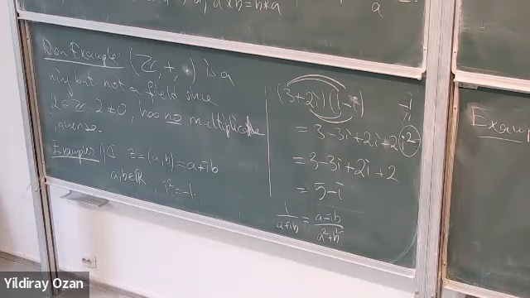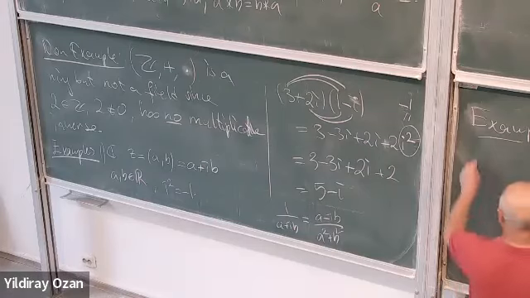What you do, you take a field and then take a polynomial which doesn't have a root in that field, and then you just add the root of that polynomial to that field, and you get something bigger. And that's how we actually obtain field extensions.